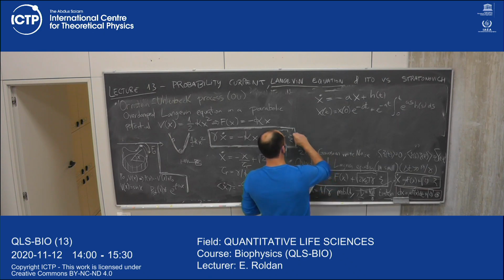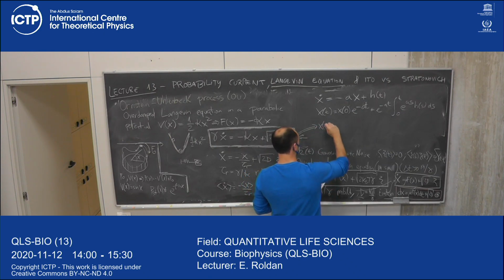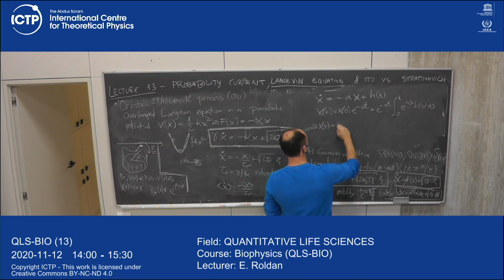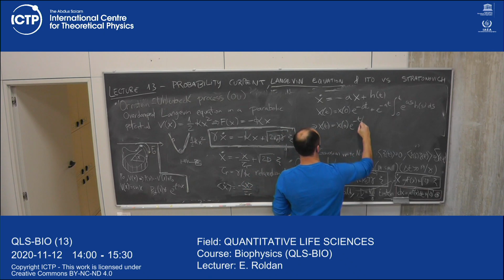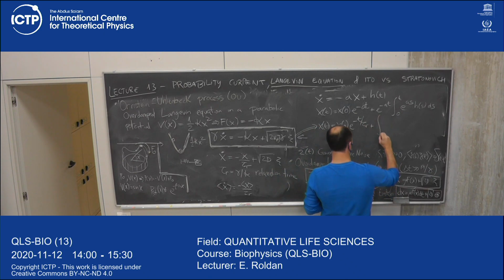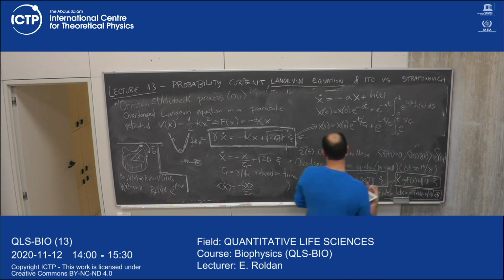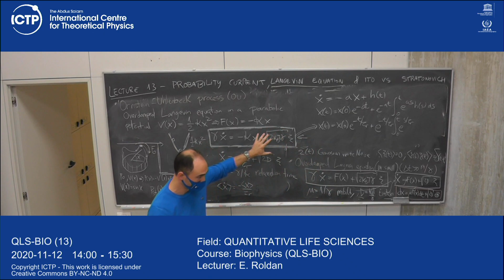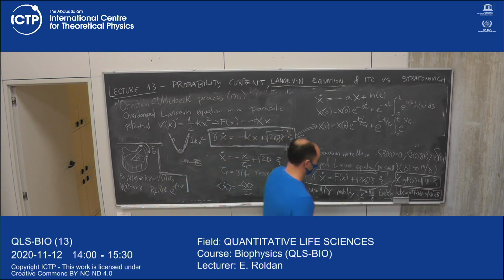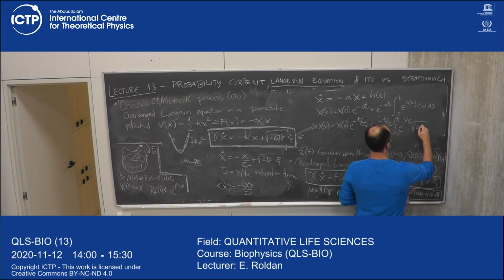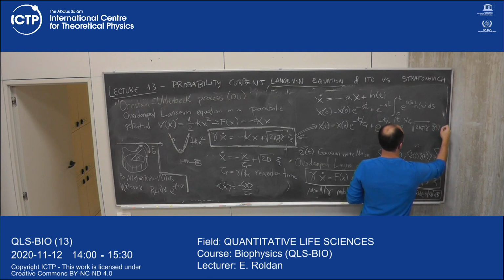So in this problem, we get x of t will be x of 0, e minus t over tau r, plus, I can write it like this, e minus t over tau r, integral 0 to t, e to the s over tau r, and now comes this, which is a time-dependent quantity, that will enter there, square root of 2 gamma times psi of s ds.